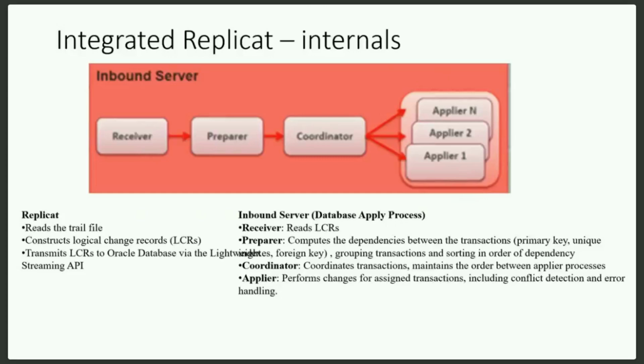You can specify a minimum and a maximum number of apply processes. These are parameters that you configure your Replicat with. Depending on the load, the number of logical change records that the inbound server is processing, it can spawn additional apply server processes on the fly. That actually will add throughput to your apply process automatically without you having to configure multiple parameter files, for example.